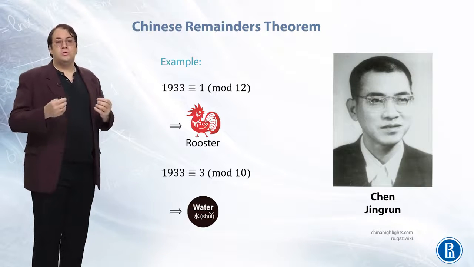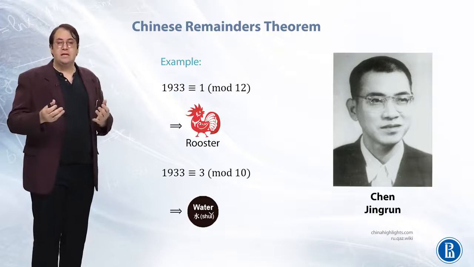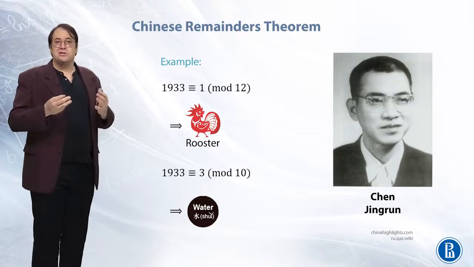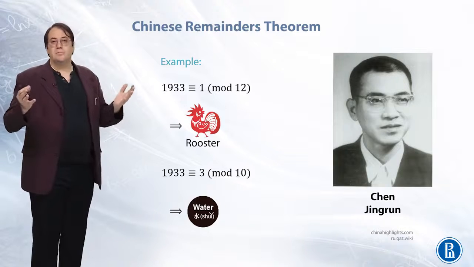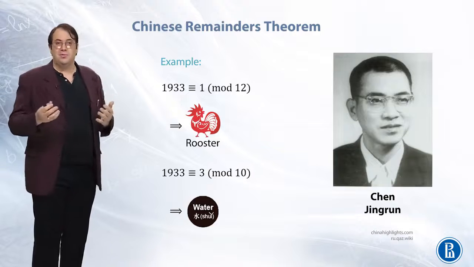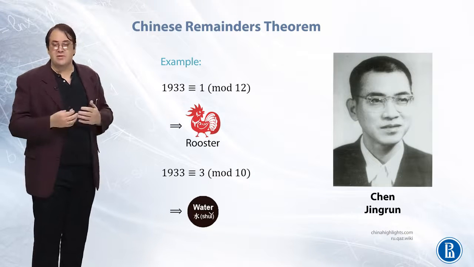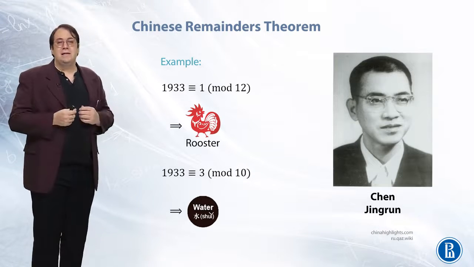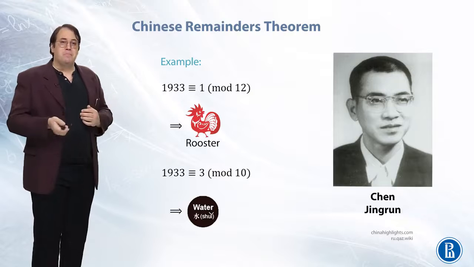So, according to the Chinese zodiac, Chen was a water rooster. Well, okay, I don't know if it helped him prove his marvelous theorems or not, but so it is.